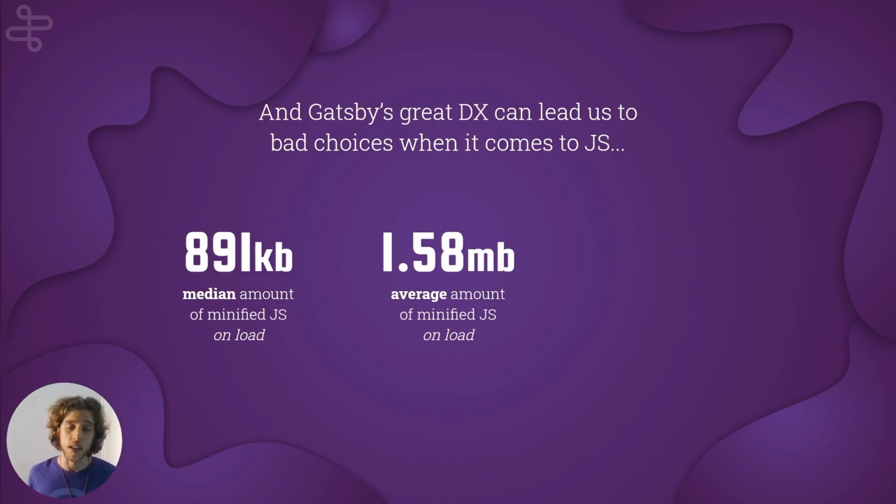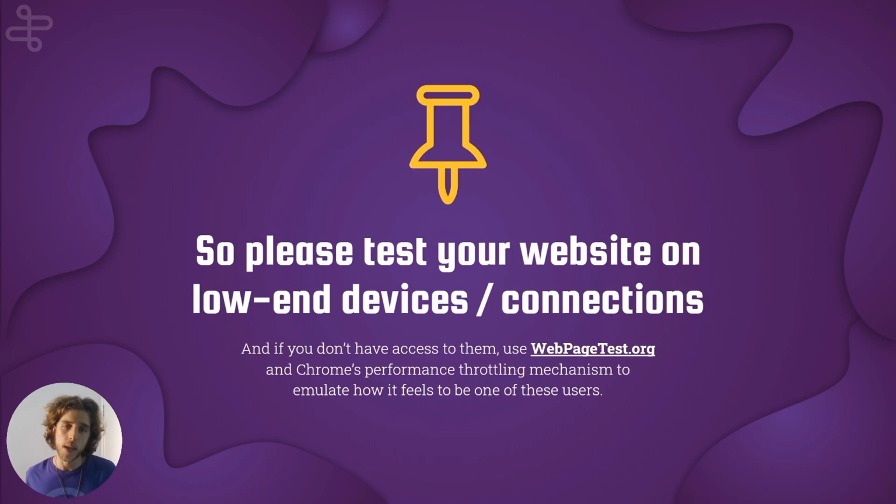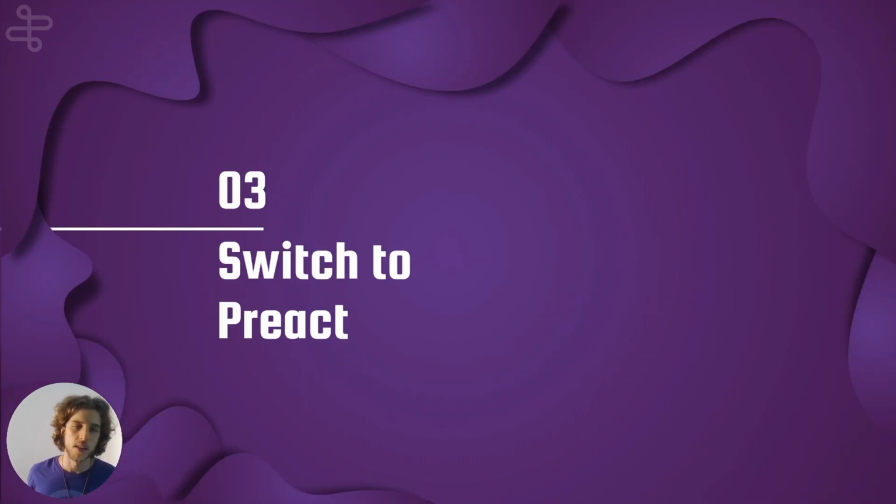So this is significant, and it also reflects in the time to interactive, which on average is 7.1 seconds until users can actually interact with the page, and this is a long time, right? So please do test your website on low-end devices and connections to make sure it's working properly and there is no jank there.